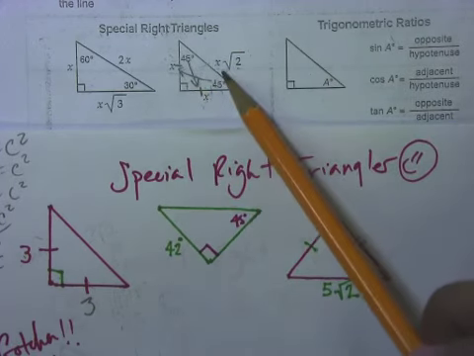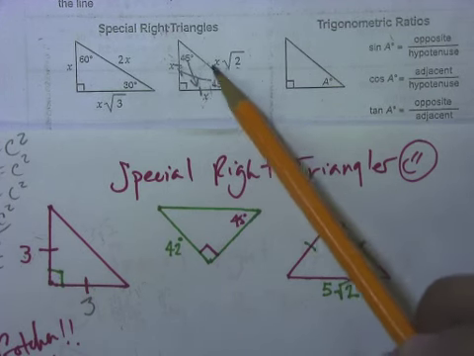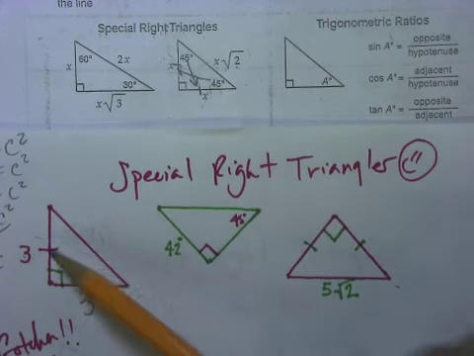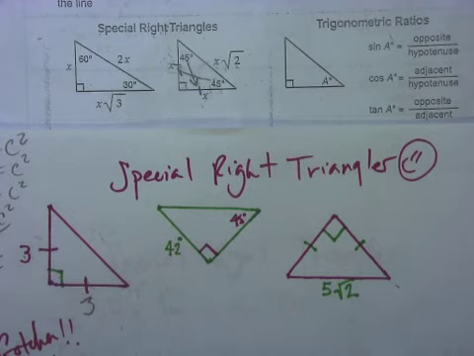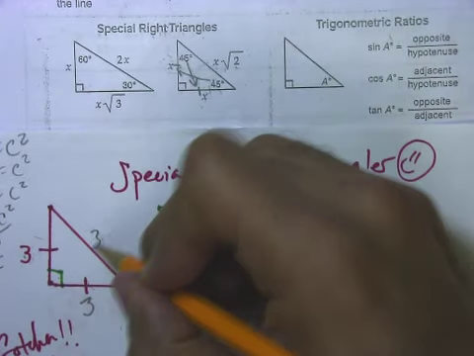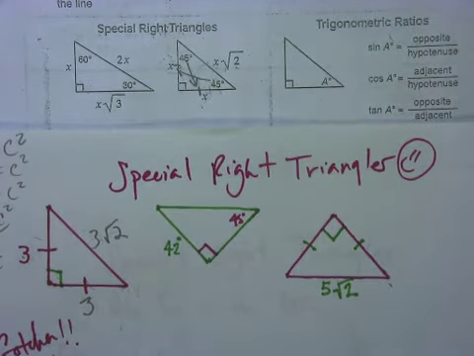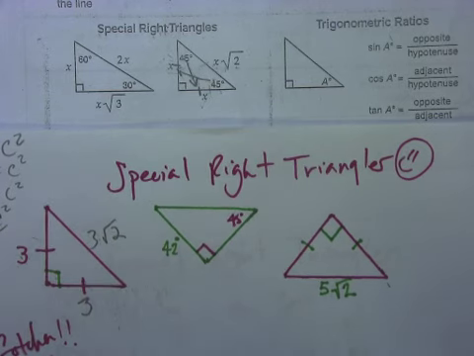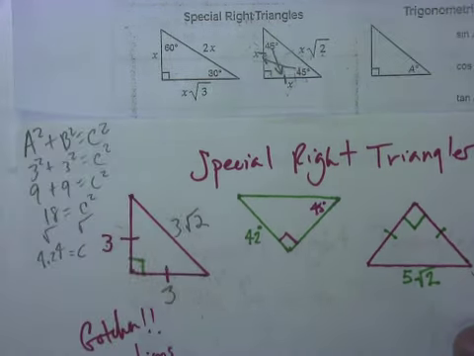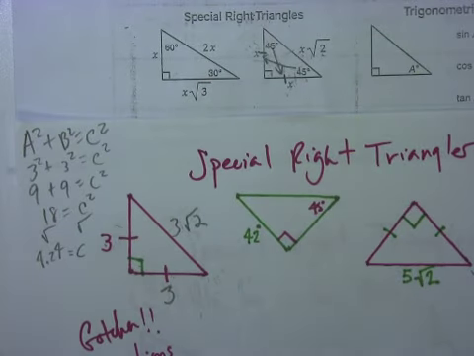I can find this third side just by looking at my diagram. The rule for isosceles right triangles tells me that the hypotenuse will always be the leg x times the square root of 2. Here my two legs are 3, so my hypotenuse is going to be 3 times the square root of 2. In case you don't believe me, I took the liberty of doing the Pythagorean theorem here.